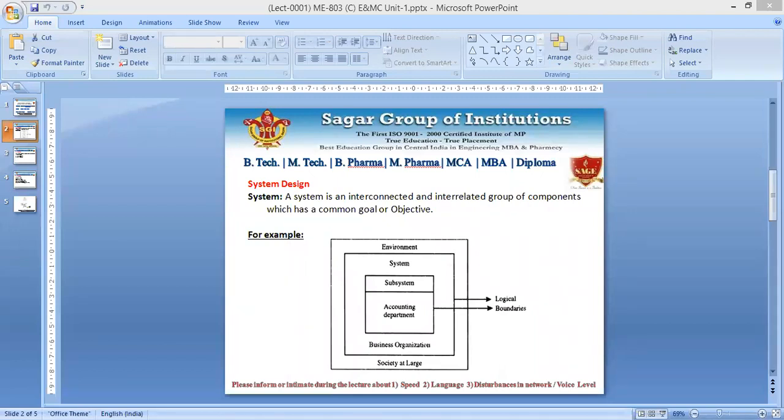So these are subsystems. Along with that, there are many other subsystems like accounts department, finance department, admin department, HR department. So there are many subsystems to constitute one system, which we are discussing. And outside that boundary is called environment.